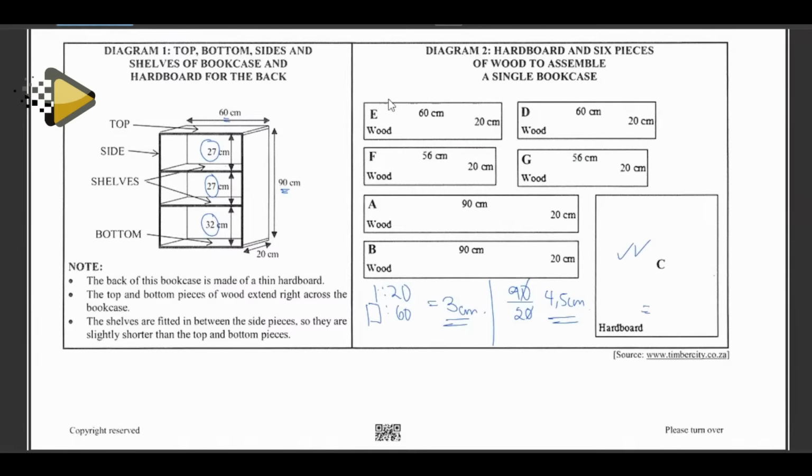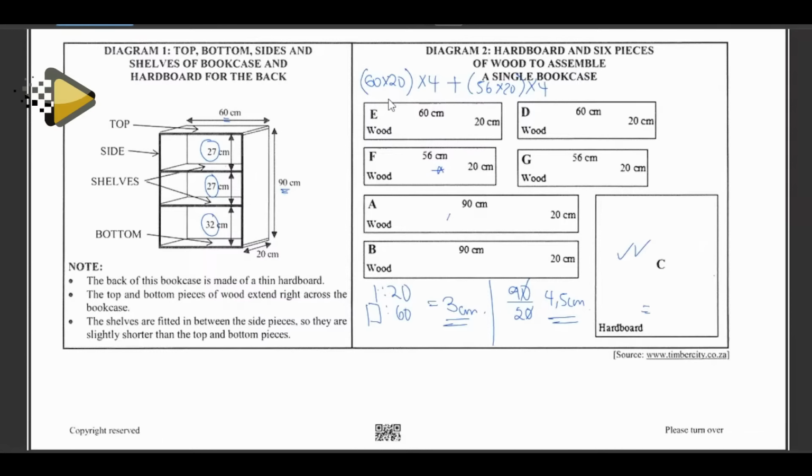So we shall say, let's say area of E. This will be 60 times 20, but how many times? Times 4, because there are 2 bookshelves. Here, for one, we need 2 of them, so it becomes 4. Plus the area of the shelves. How many are they? They are 2, which is 56 times 20, also times 4, because they appear to be twice.